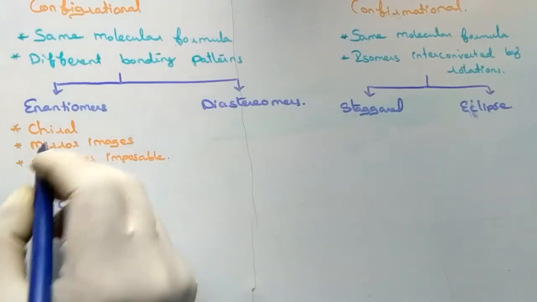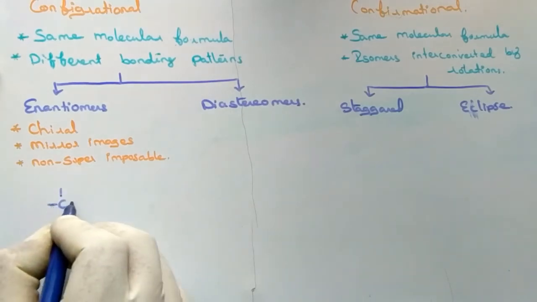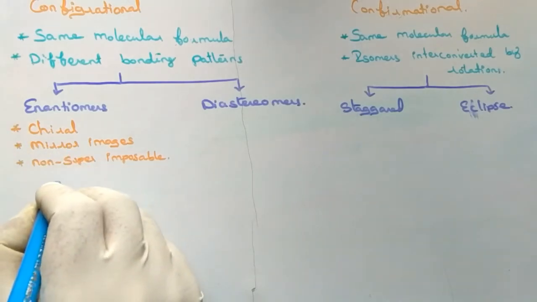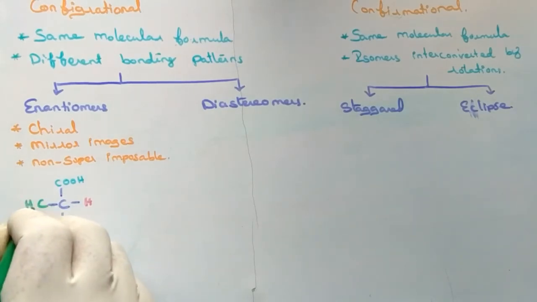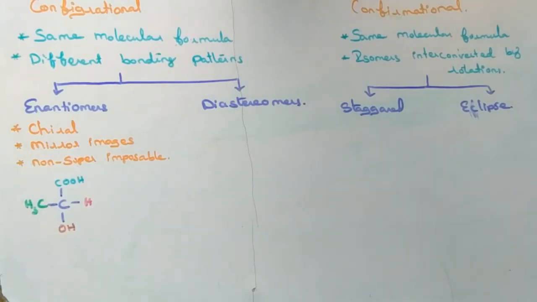Here the carbon is bonded with 4 different groups, so it is a chiral carbon. The groups are COOH, hydrogen, methyl group, and here the OH group.